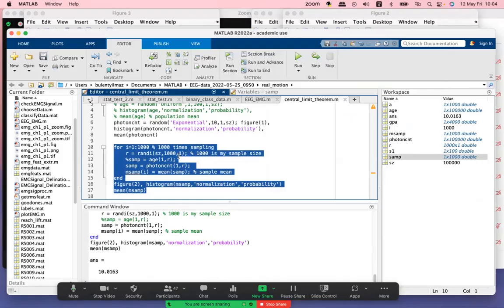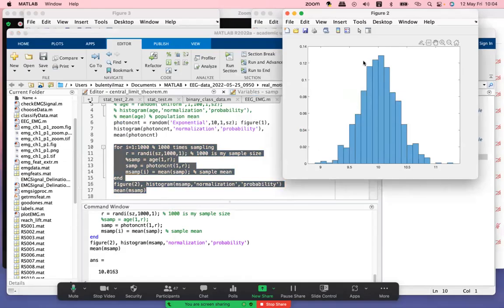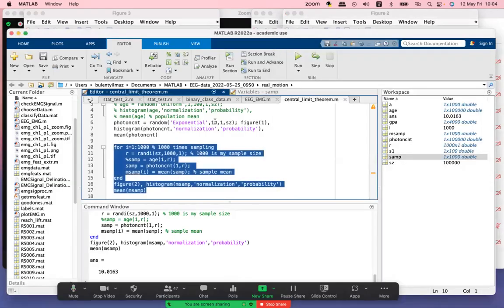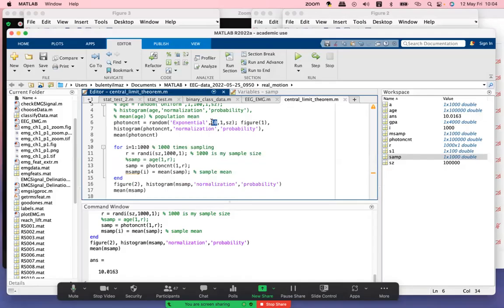Exponential distribution, the probability of obtaining something as x increases will be lower. That's the thing about exponential distribution. So I found this is my distribution of the means, and the mean has been found to be 10.01. Actual mean was 10. This is what I told this to become.